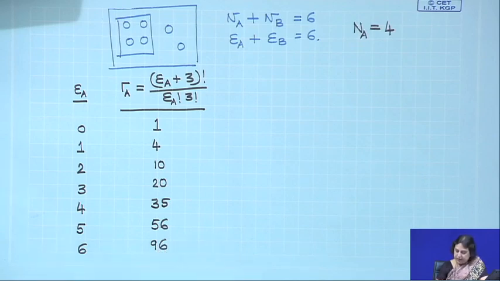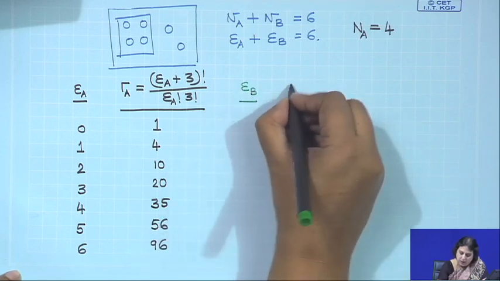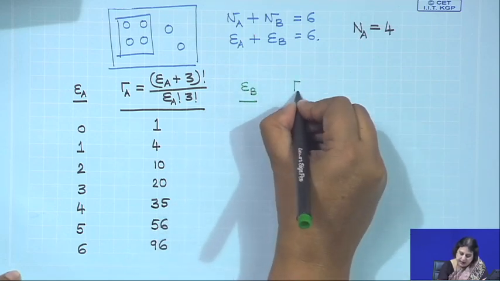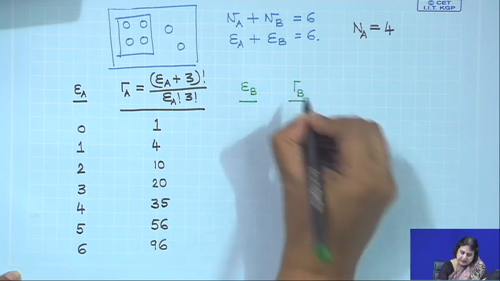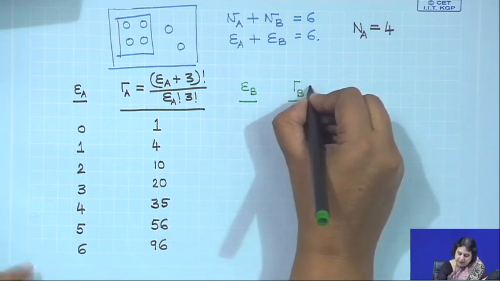Now, corresponding to each of these 7 macrostates for the composite solid, I am going to have corresponding energy values of epsilon B and the associated number of microscopic states gamma B. What is gamma B?